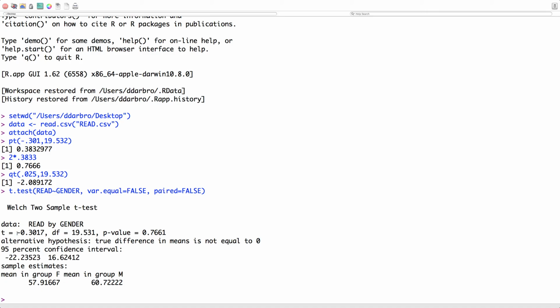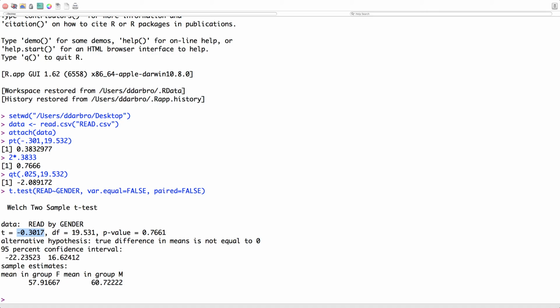We looked at the difference mu sub m minus mu sub f. They looked at mu sub f minus mu sub m. So their sample mean difference was negative 2.8, where ours was positive 2.8.